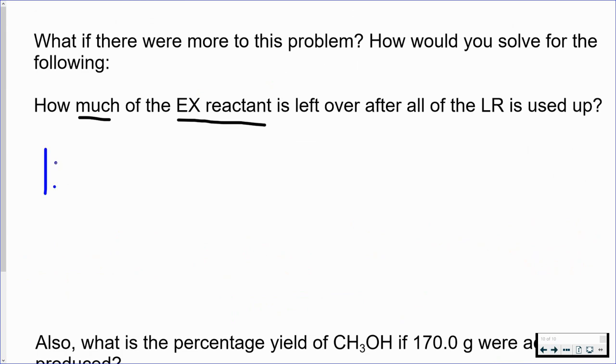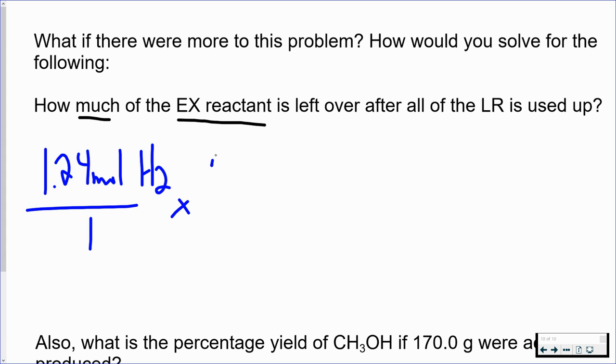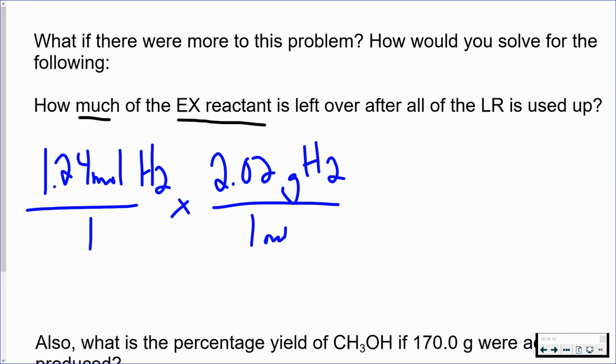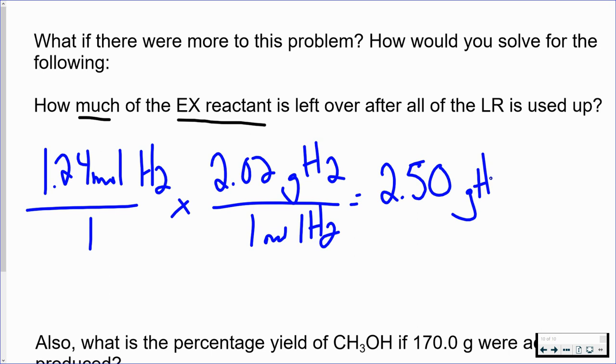Now remember, this is of hydrogen gas. We're going to put that over 1, and all we're going to do with this is multiply it back up to the grams. So what you get is times 2.02 grams of H2 over 1 mole H2. You multiply that, and you get about 2.50 grams of H2.